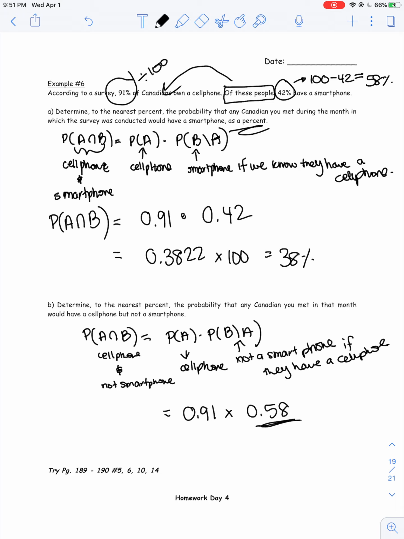Okay, so that's the only slight difference. We had to go back and use that 42 and subtract from 100 to get that 58%. And if we multiply, we get 0.5278, which if you multiply by 100 gives us 53% as our answer.